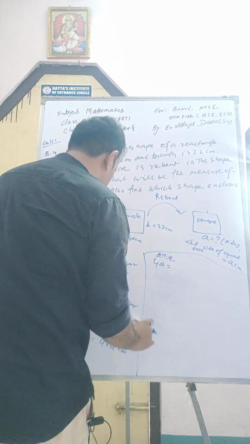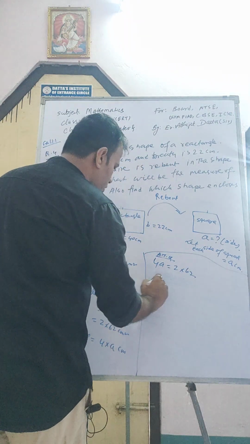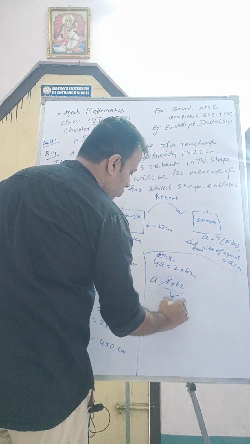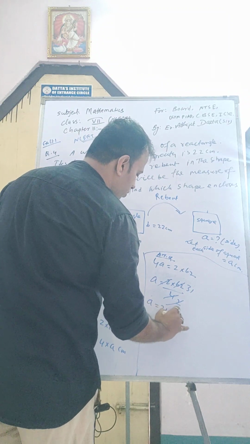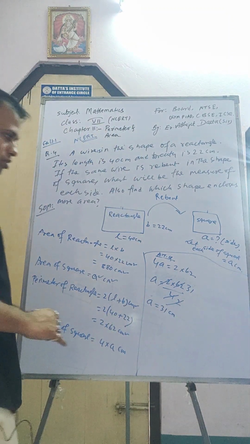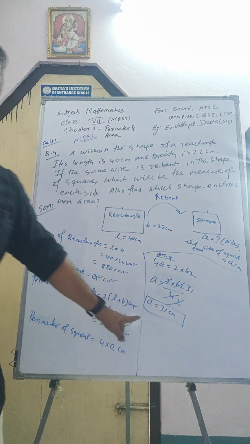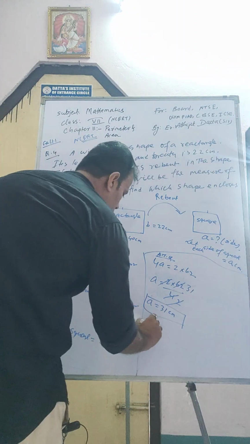Perimeter is 2 into 62, so 4a equals 2 into 62, and a will be 2 into 62 by 4. Cutting, it will be 31. So a will be 31 centimeter. Therefore, each side of the square is 31 centimeter.